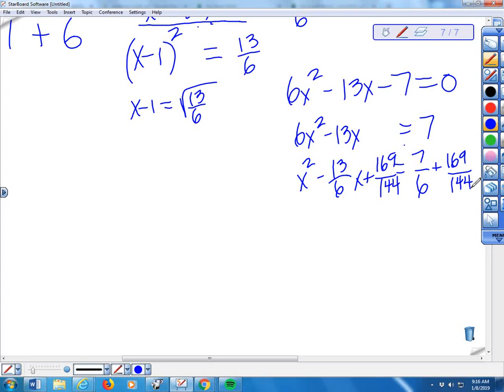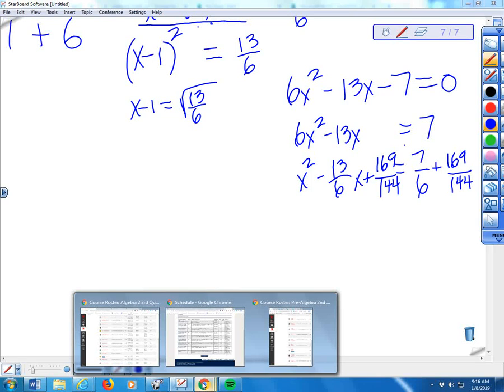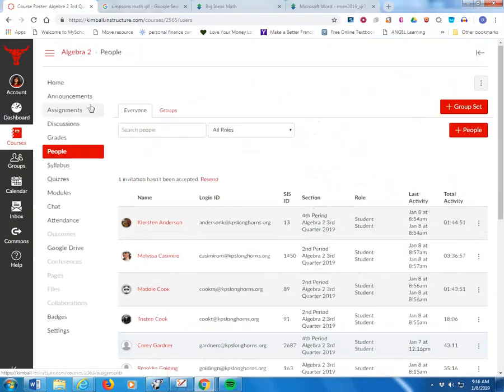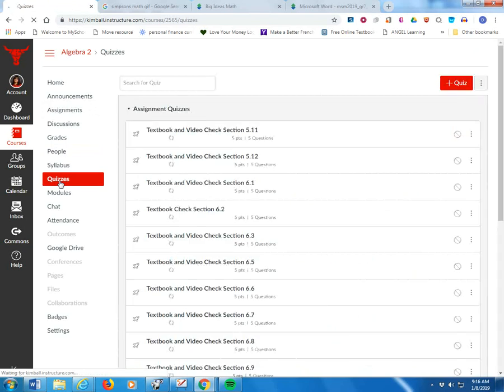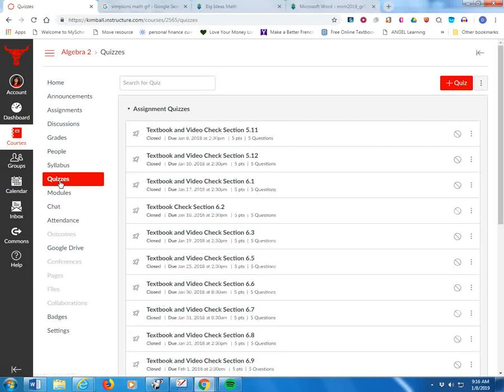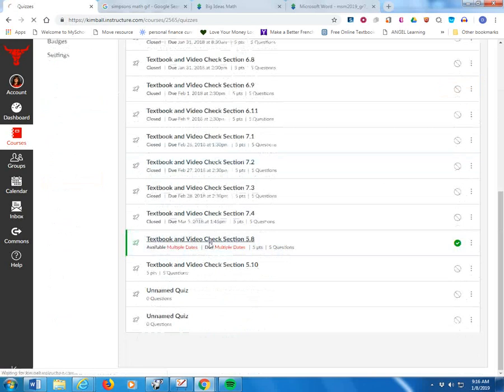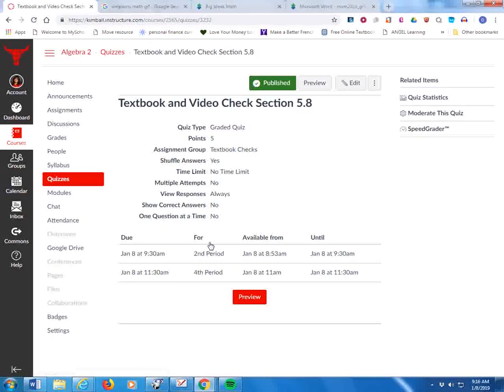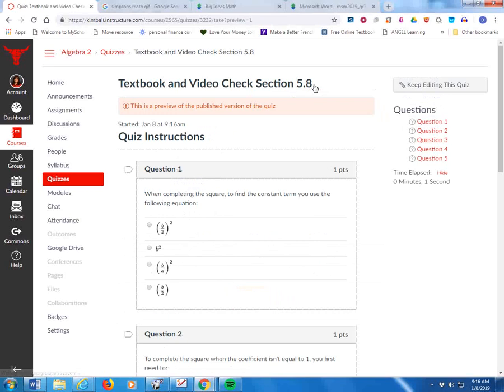Okay, so let's look at the textbook check. When completing the square, to find the constant term, you use the following equation: b over 2 squared.